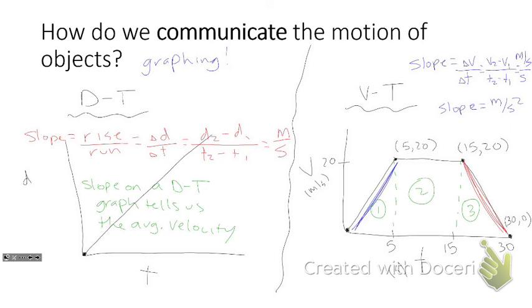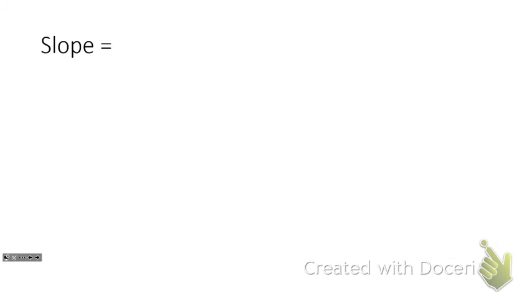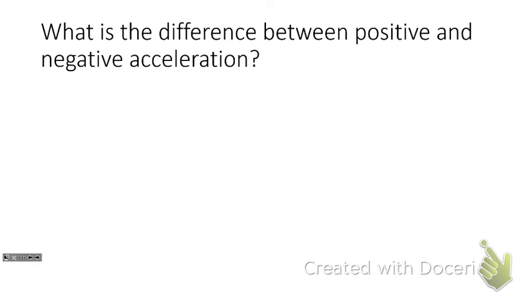Any questions so far? No? Okay, I feel like a lot of this we talked about. So we talked about slope already. We talked about positive and negative acceleration. So remember, this is a velocity time graph. Which one has positive acceleration?